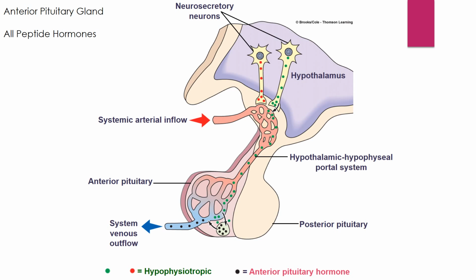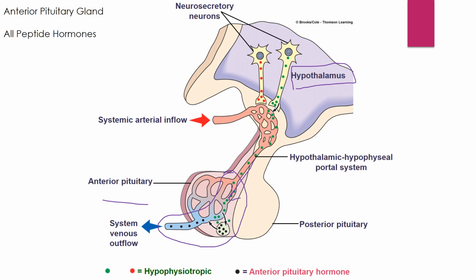And so what we have here is that the anterior pituitary hormones are going to be released into the venous system. And really what we have is that the hypothalamus will directly influence either secretion or release of the anterior pituitary hormones.